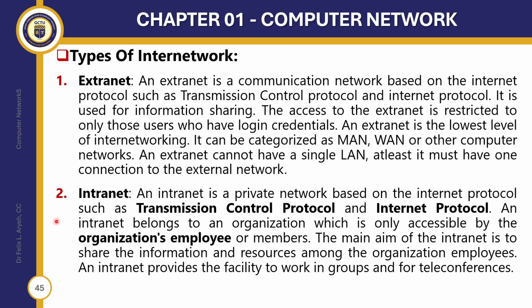It is a private network within an organization. An intranet belongs to an organization and is only accessible by the organization's employees. The main aim of an intranet is to share information and resources among the organization's employees. An intranet also provides the facility to work in groups and for teleconferences.